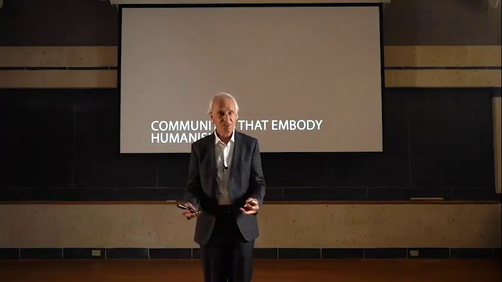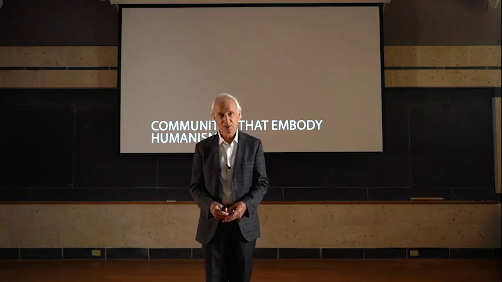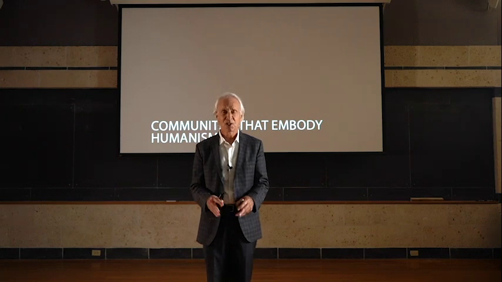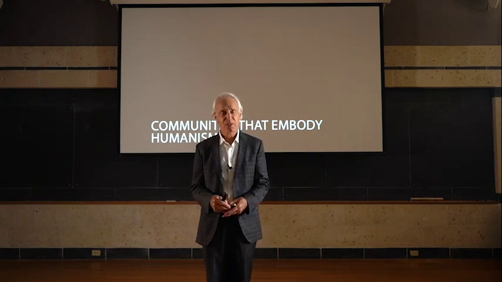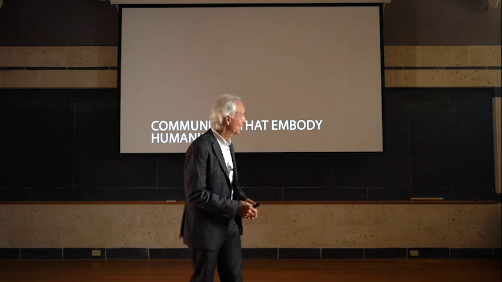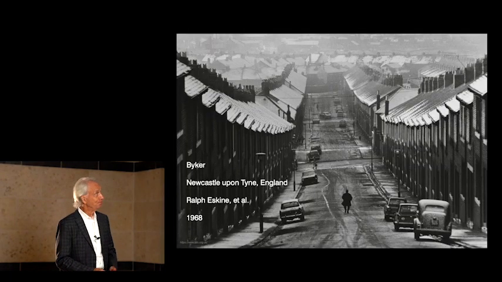The first of the examples we want to look at today is the case of Byker Newtown in Newcastle upon Tyne in England. And this was an extremely ambitious project that was actually begun, they had the idea of it shortly after World War II. In this instance, there was a community that was pretty dismal.